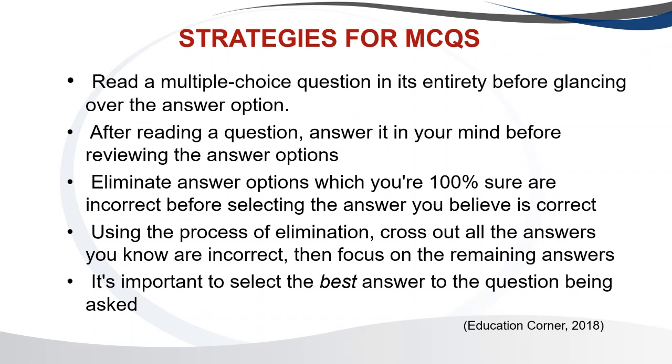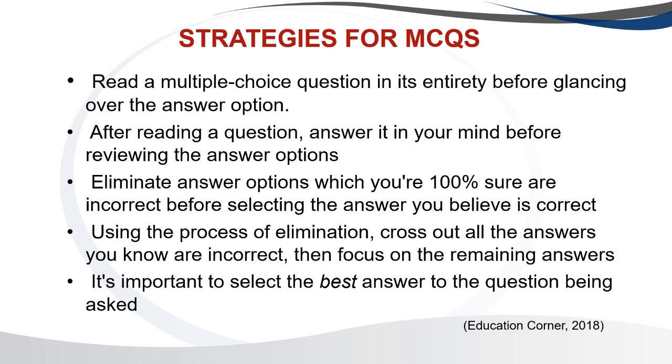Okay, so now let us look at what strategies we can use when we are answering MCQs. Firstly, read the multiple choice question in its entirety before glancing over at the options. After reading a question, answer it in your mind before reviewing the answer options.